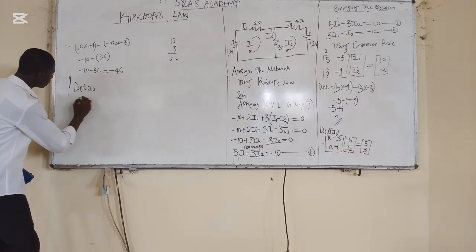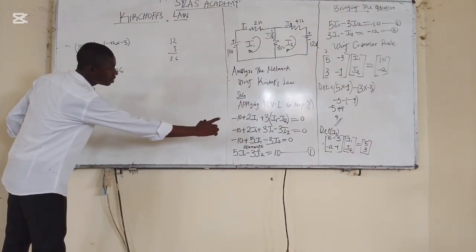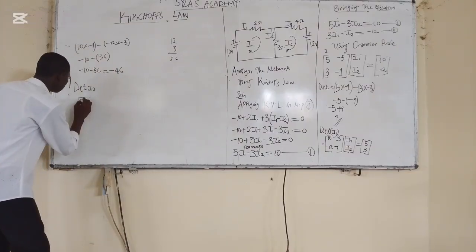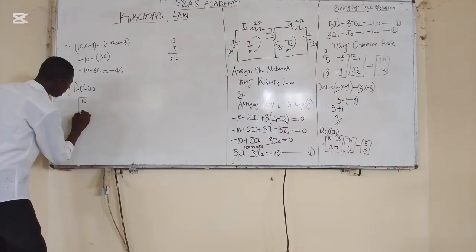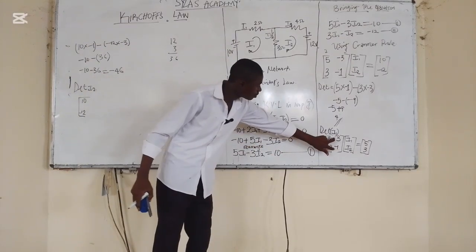Bring back the determinant again. Now remove that one. Keep 10 and minus 12. Remove these ones now. Replace it with these ones.